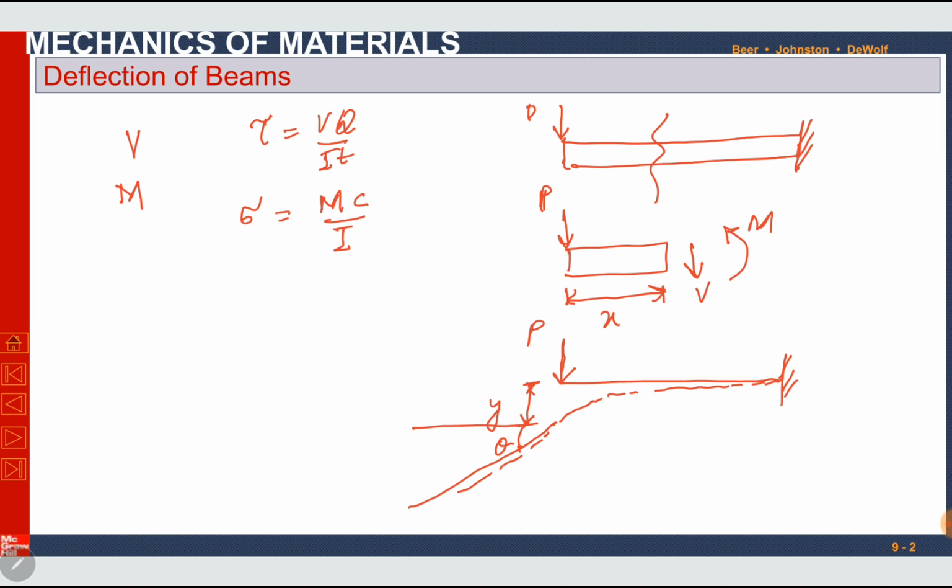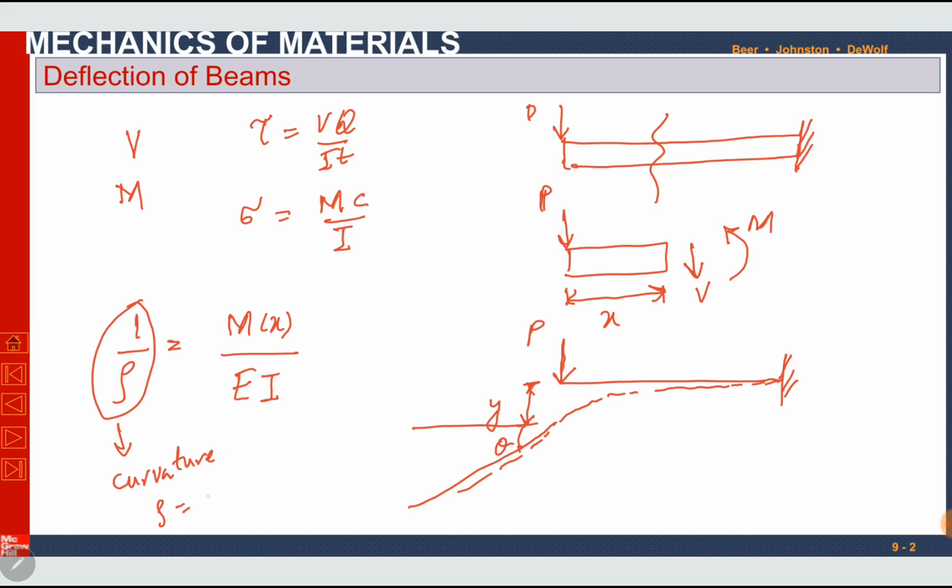Before going further in this chapter, I will recall one of the expressions which we have previously studied: 1 over rho is equal to M over EI. This is the expression for the curvature of the beam, where 1 over rho is curvature and rho is called radius of curvature.